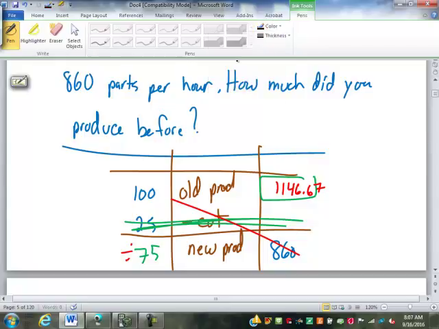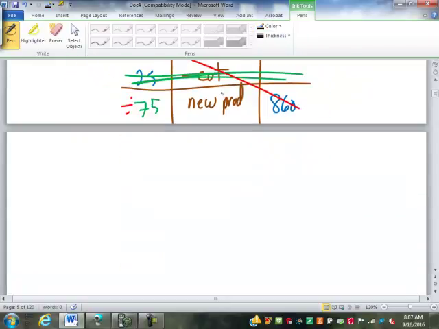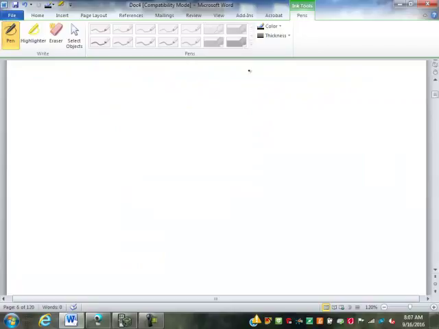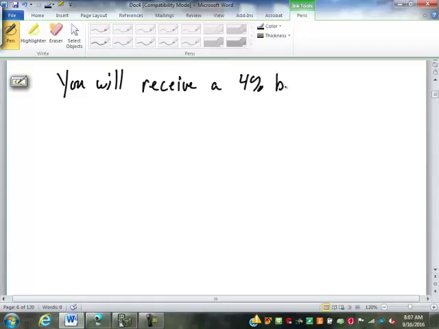You guys get the picture, though. What about the other side of it? What if it's an increase? So let's say you're told that you will receive a 4% bonus on your next check.